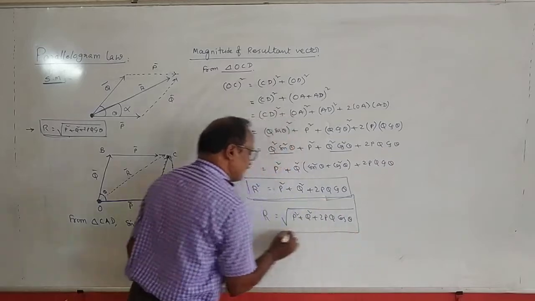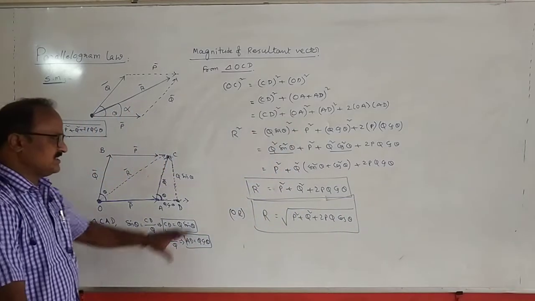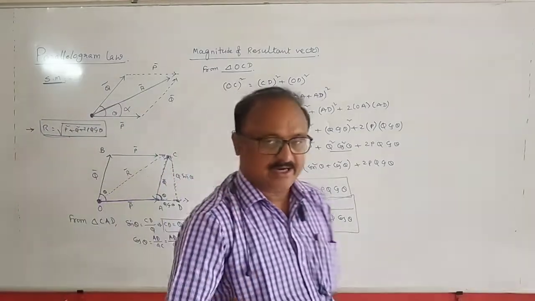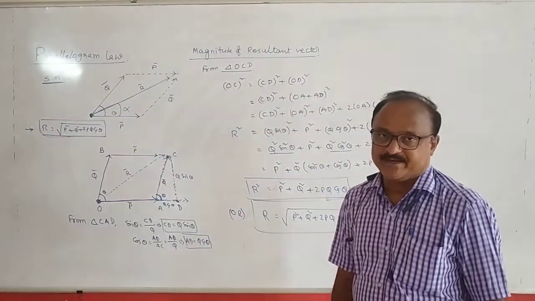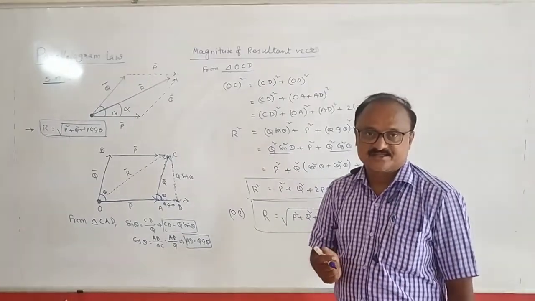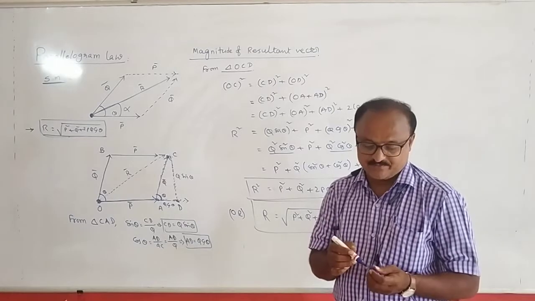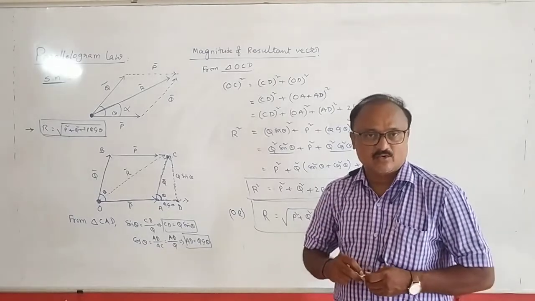So this is the formula for the magnitude of the resultant according to the parallelogram law, and this is a very important derivation to solve problems in vectors. In gravitation we take force, and force is nothing but a vector quantity.